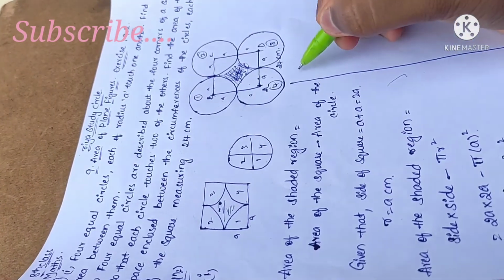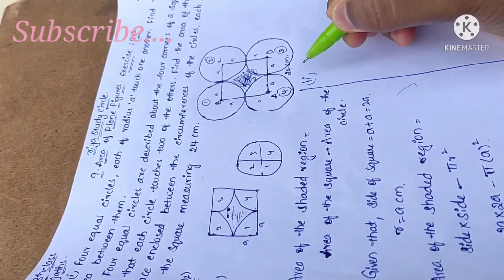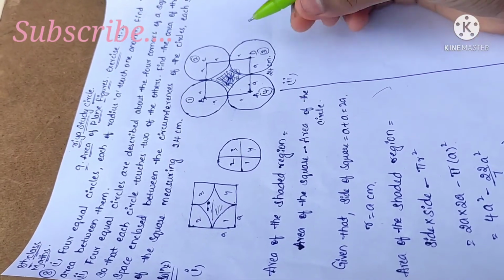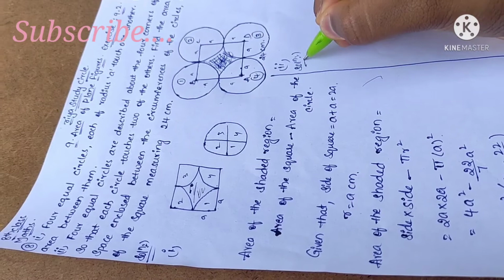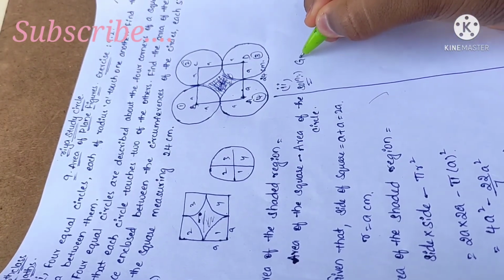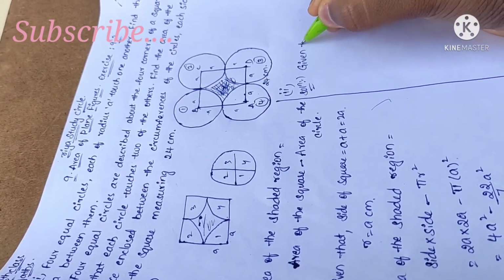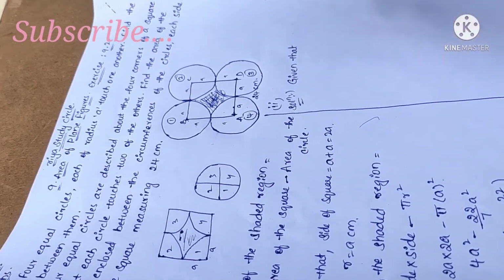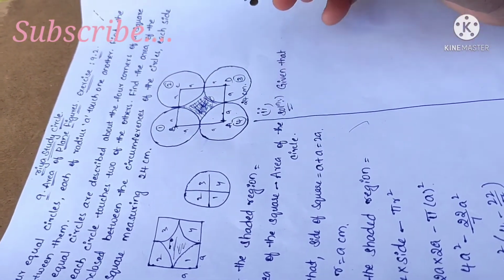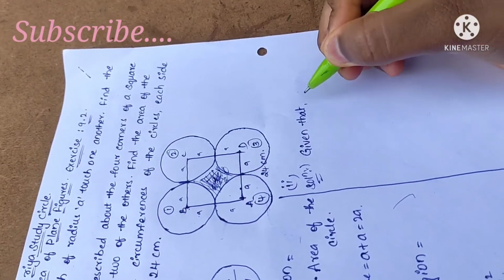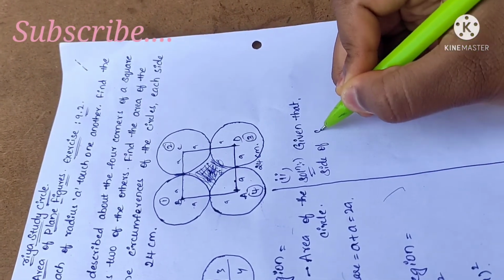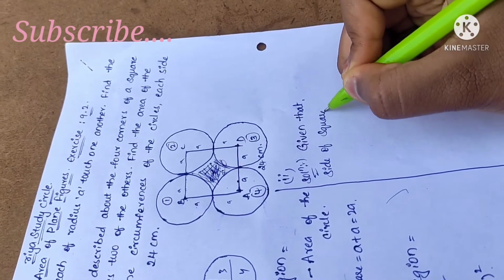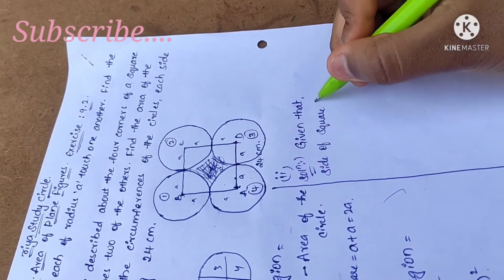So here they gave the side of the square as 24 centimeters. Let's see the solution for this problem. Bit 2 is: given that side of square equals 24 centimeters.